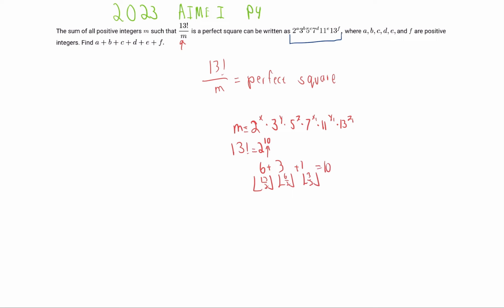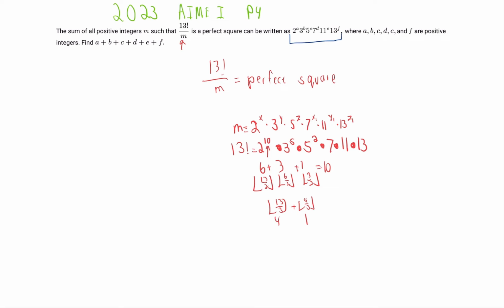So that's 10. You do the same thing and you'll get 3 to the 5th, and it's 5 because round down 13 over 3 is 4, plus round down of 4 over 3, which is 1. Then it's 5 to the 2, same thing: round down of 13 over 5, which is 2. Times 7 times 11 times 13.